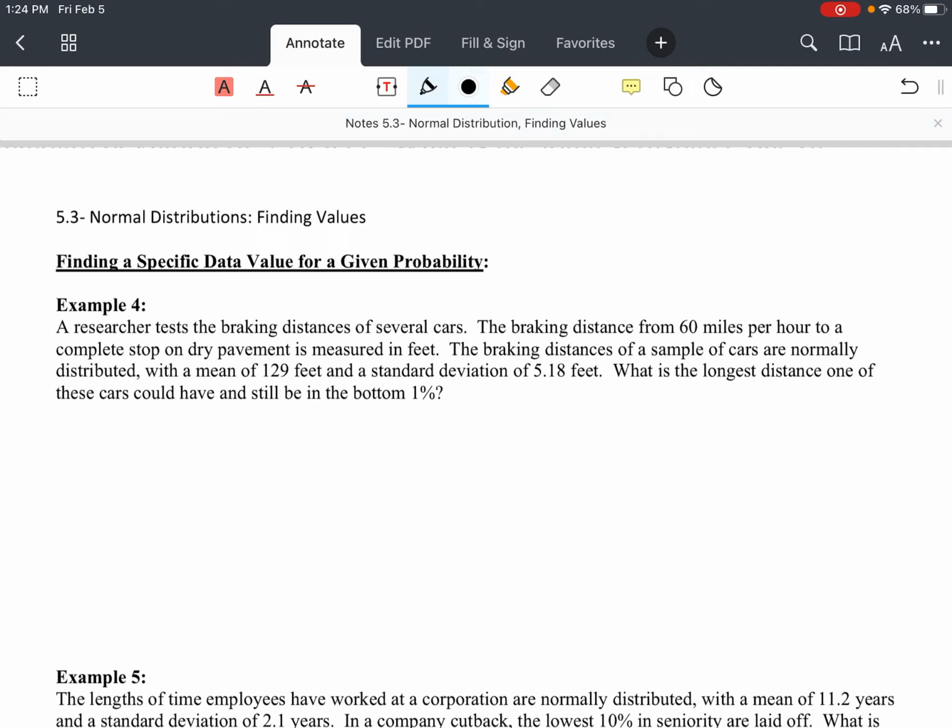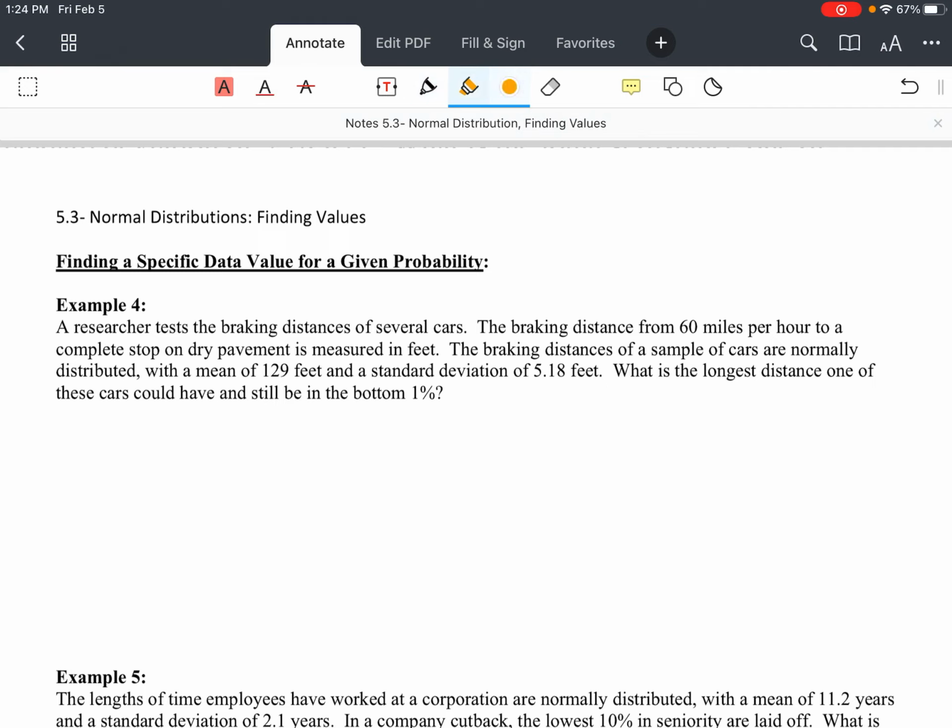All right, so let's do an actual word problem example. It says a researcher tests the braking distance of several cars. The braking distance from 60 miles per hour to a complete stop on dry pavement is measured in feet. So all of these cars are going at 60 miles an hour, and then they stop as fast as they can on dry pavement.